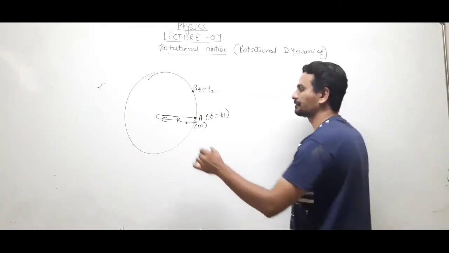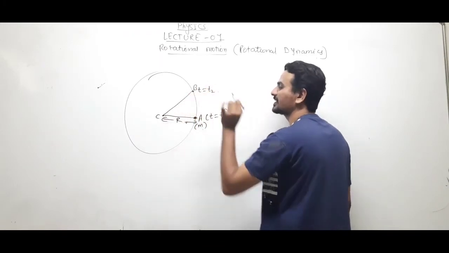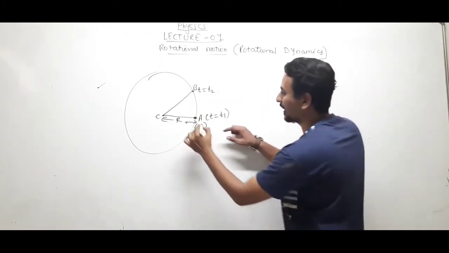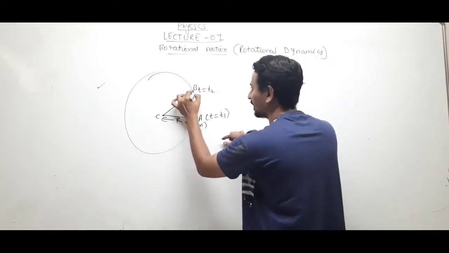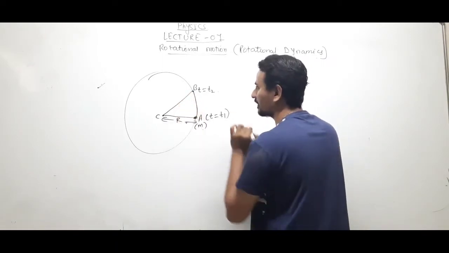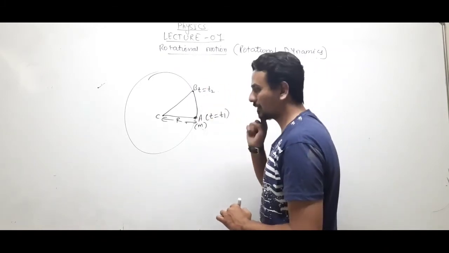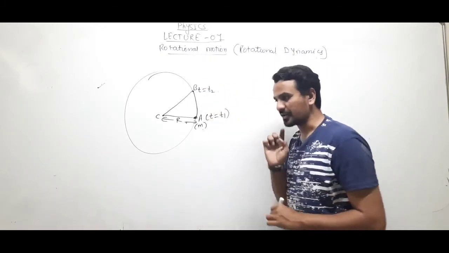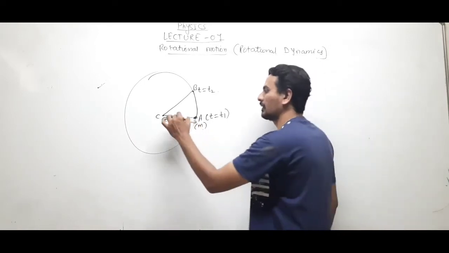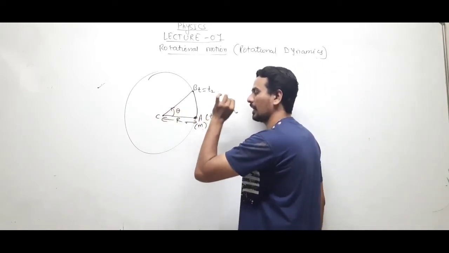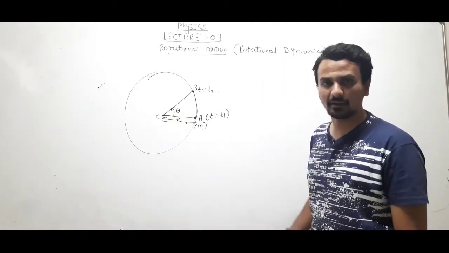So the particle has undergone two kinds of displacement. That means the particle went from A to B. So this is the distance it had covered. But apart from this, this is the change in angle, right?